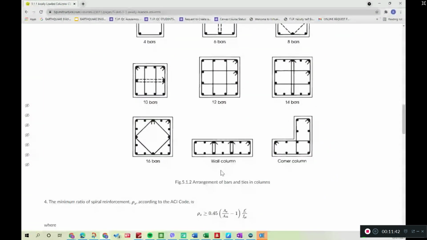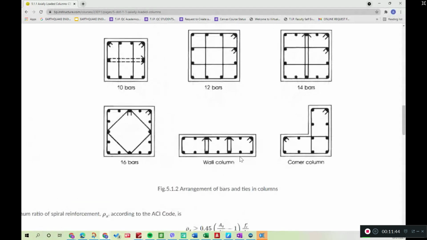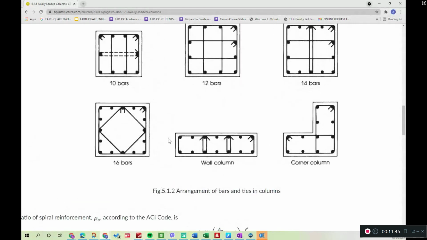Notice that what the code would like us to do is not only as in the book but really do something like this. This one is earthquake resistant design.